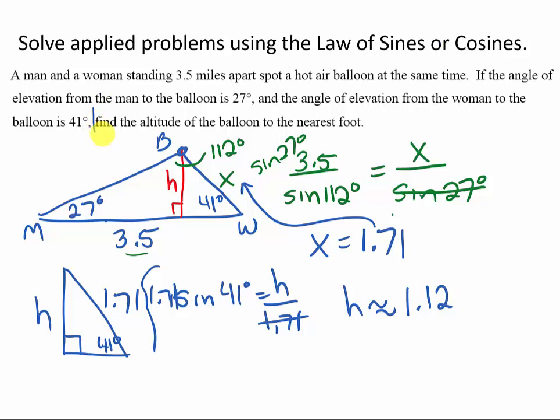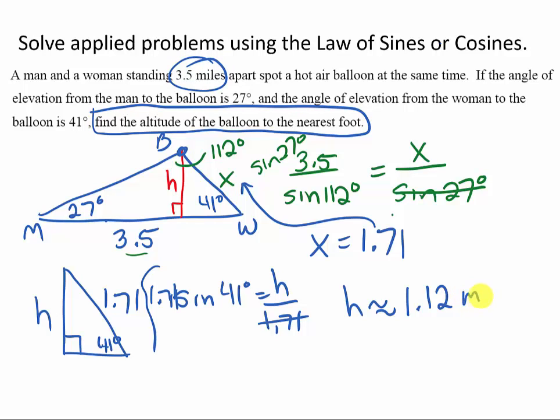Now, what it actually asked for was find the altitude of the balloon to the nearest foot. But these units are in miles because that's what I used here. The 3.5 was how many miles apart they were. So what I'm going to have to do to find the altitude to the nearest foot is take these miles and convert it to feet.